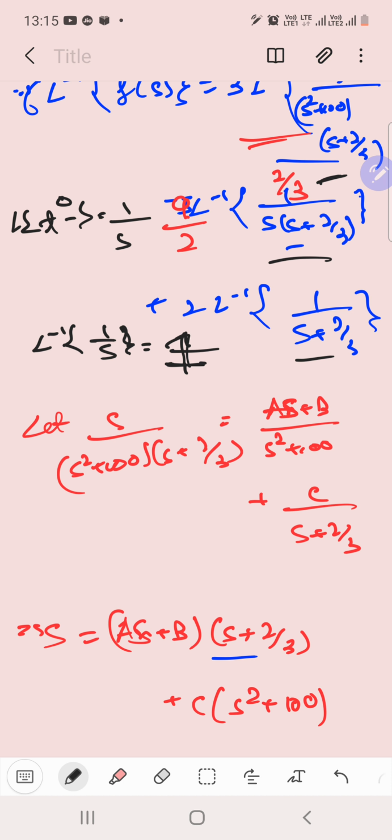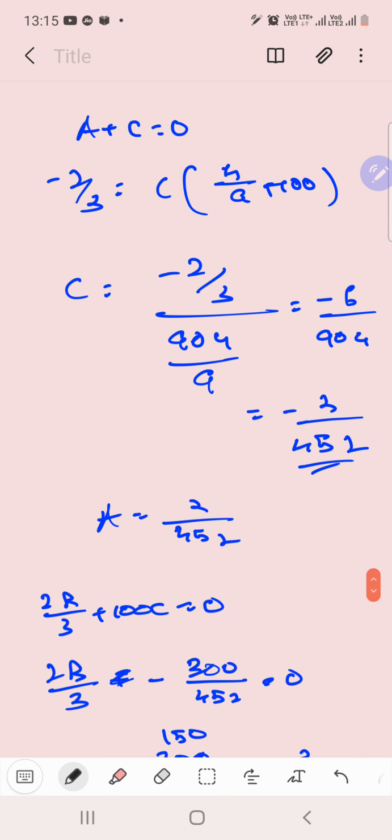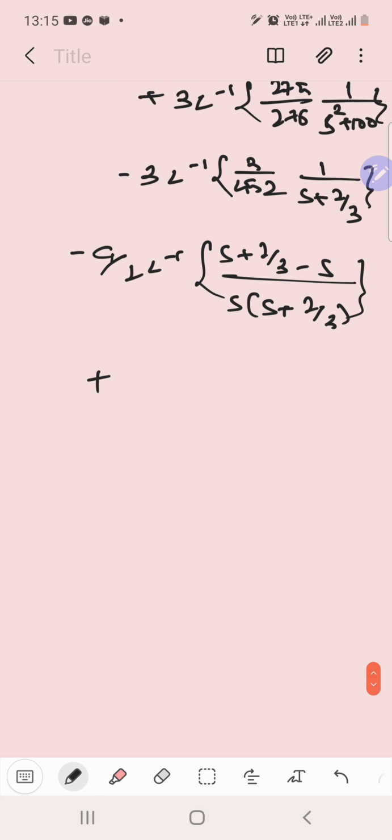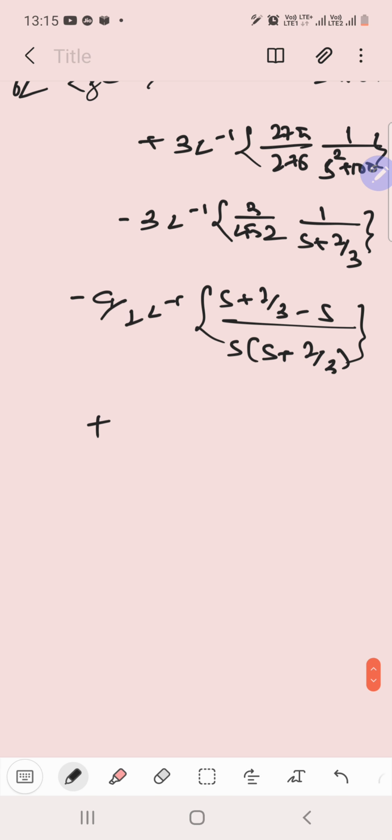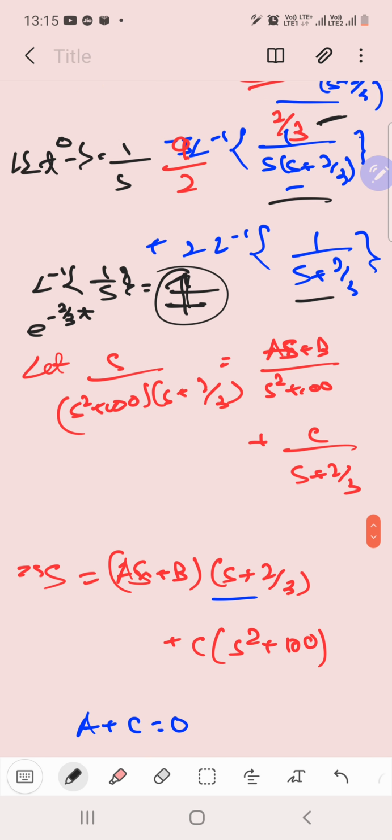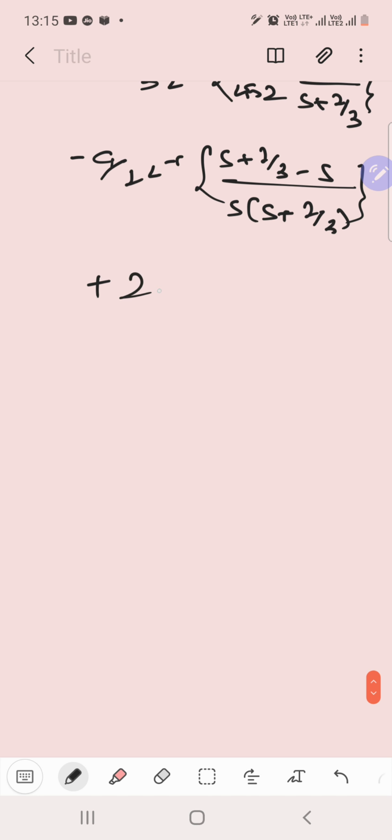So 1 over s Laplace inverse will give you 1, and here it is s plus 2 by 3. So we know that if we multiply with e to the power at, it becomes s minus a, so e to the power minus 2 by 3 times t is its answer. What was the coefficient there? 2. So this becomes plus 2 times e to the power minus 2 by 3t. Clear?